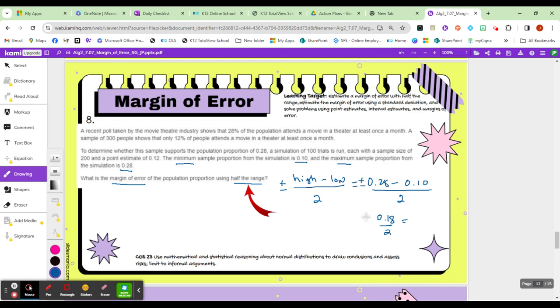I sometimes forget that. It's going to be plus and minus 0.09. You might see it written like that. You could also see it written as a percent. Remember, move that decimal 2 places to the right, and that's going to be a margin of error of 9%. Either one of those, depending on how they word the question.